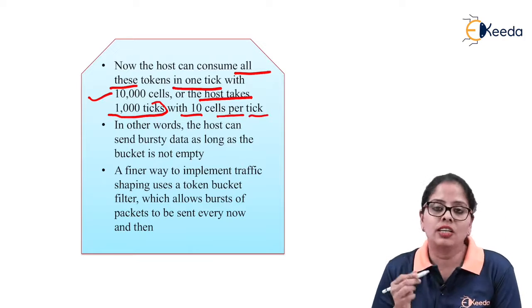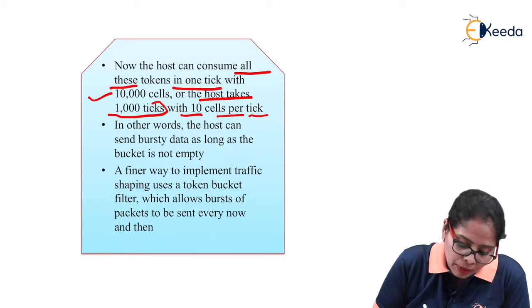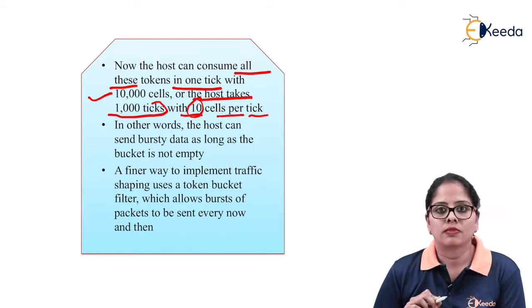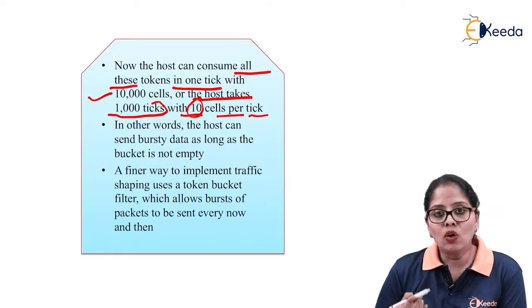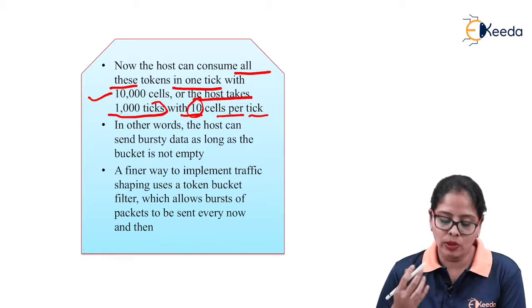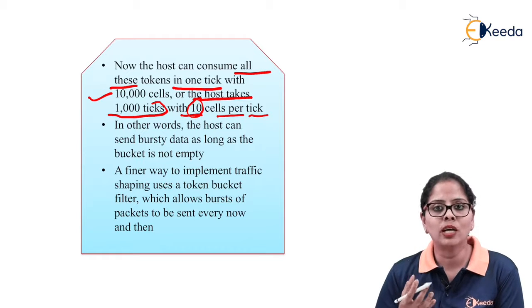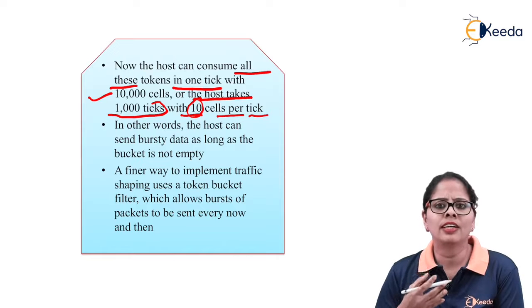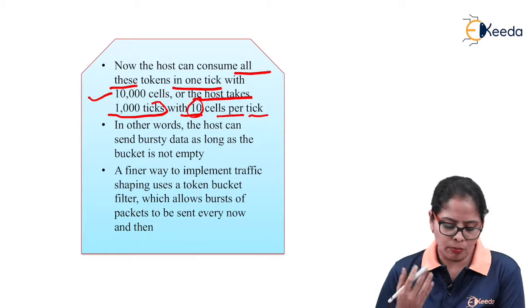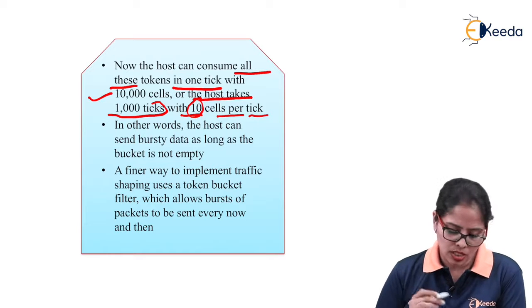Otherwise, in each tick, it can send 10 packets. So according to the user requirement, you can send the packets. You can send a lot of data at one time, or you can send a little data at some time interval. That depends upon your requirement.